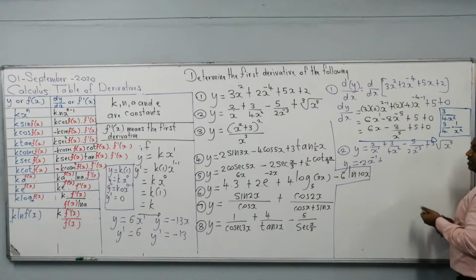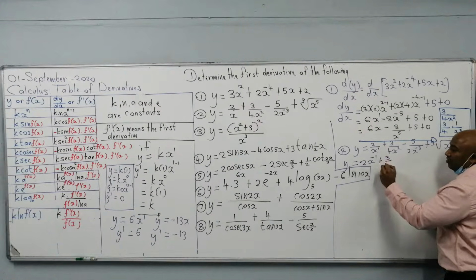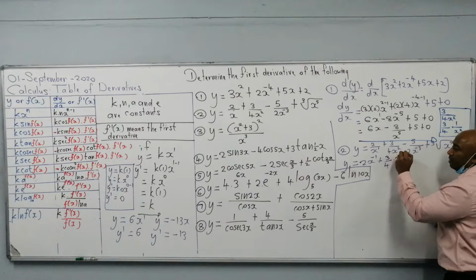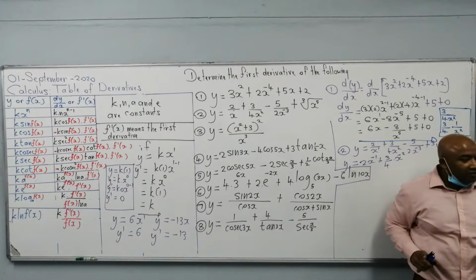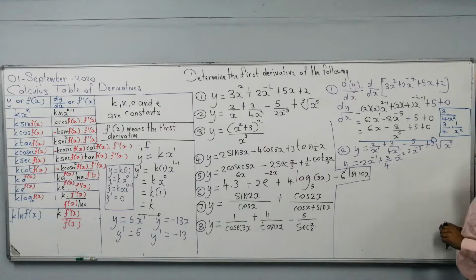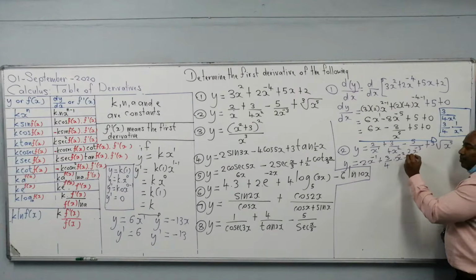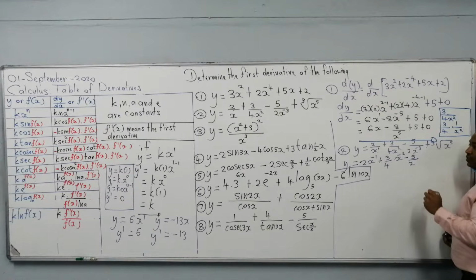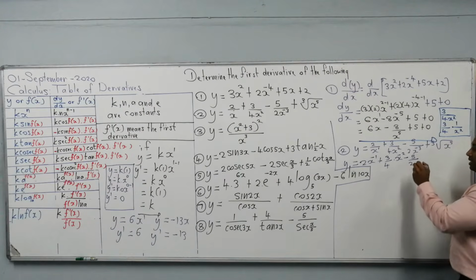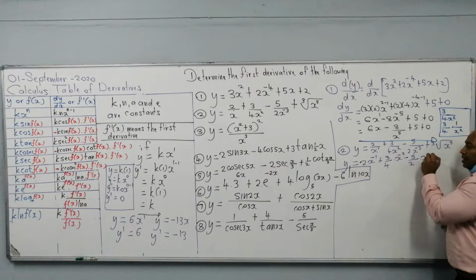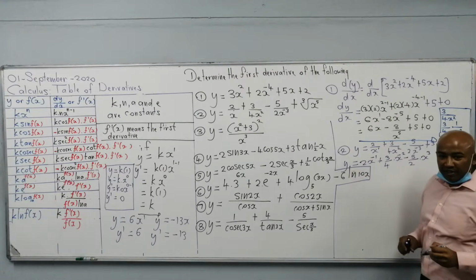In this situation, it's going to be 3 over 4 times x to the power negative 2. When you take x squared to the top, the sign of the exponent changes. Here we got minus 5 over 2. I will take x to the power negative 3 to the top. It will be times x to the power positive 3. You got that?